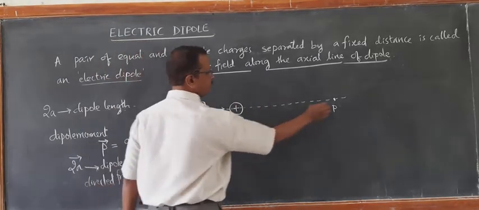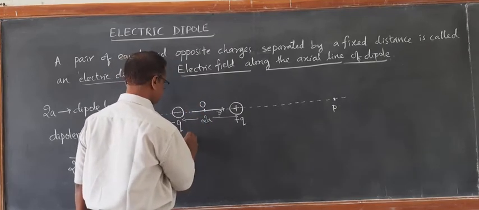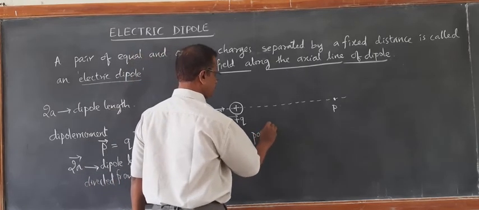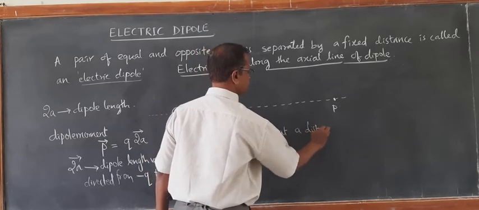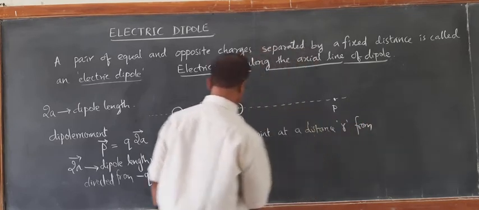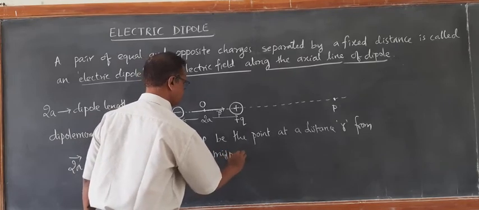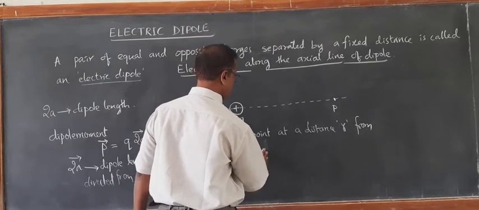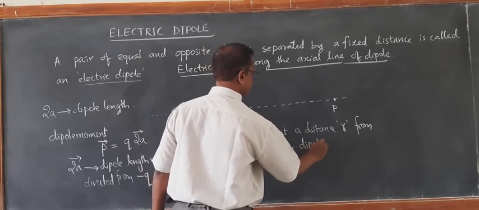So I can say OP is r. Let P be the point at distance r from the midpoint O of the dipole.